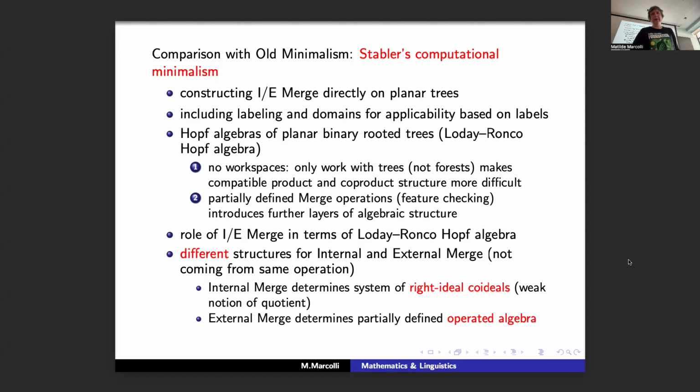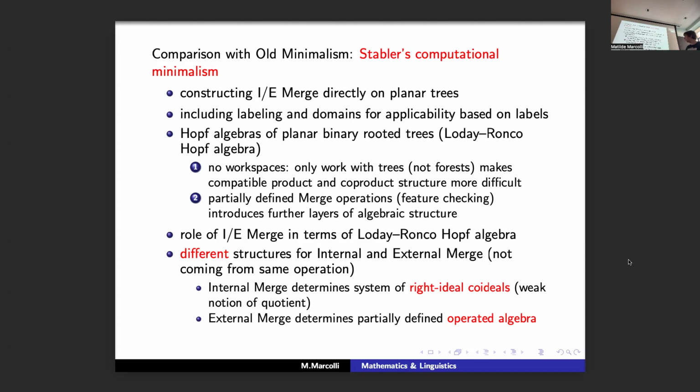Okay, so the punchline in terms of the mathematical structure here is that the internal and external merge will also here correspond to certain algebraic structures that are describable in terms of the Hopf algebra. But they are of a different nature. One of them is a sort of quotient construction, which comes from the fact that you have these domains to keep track of.